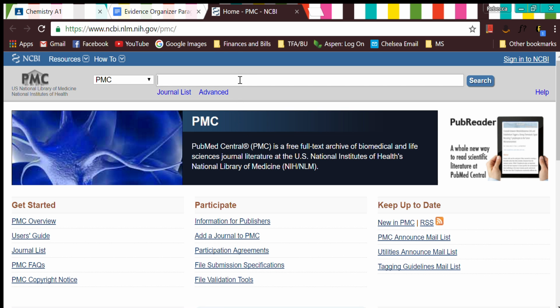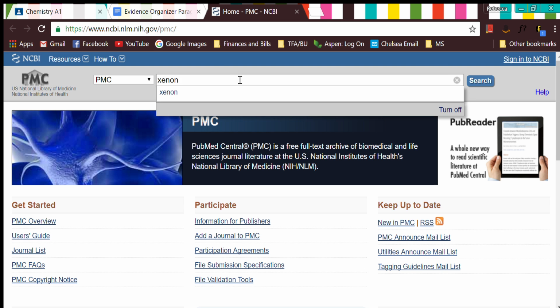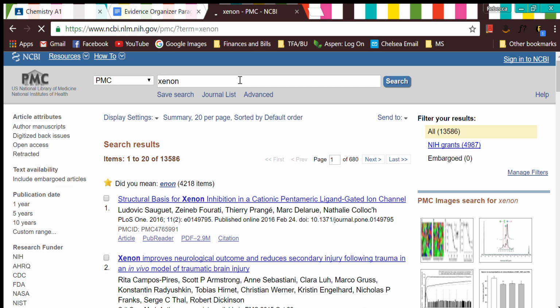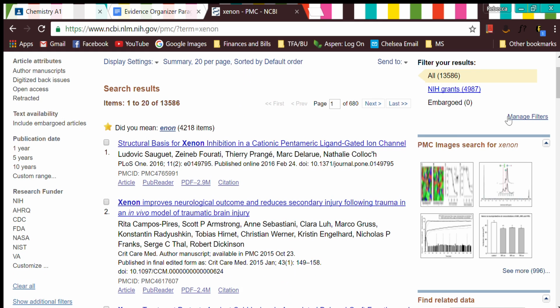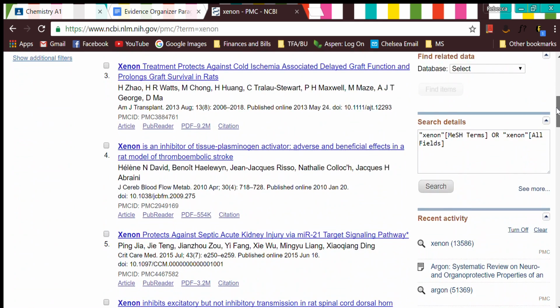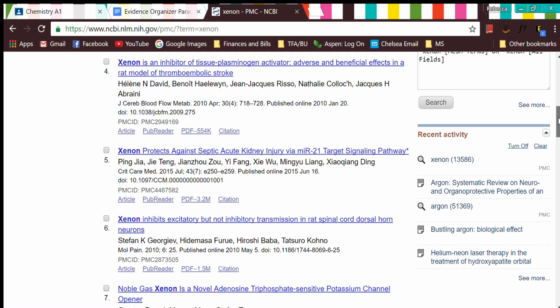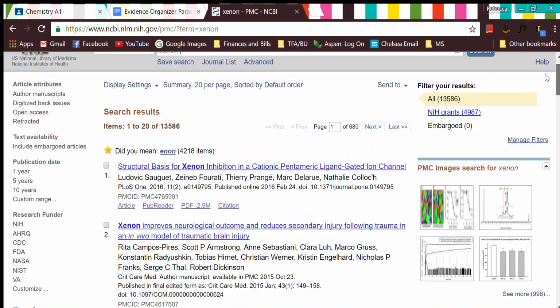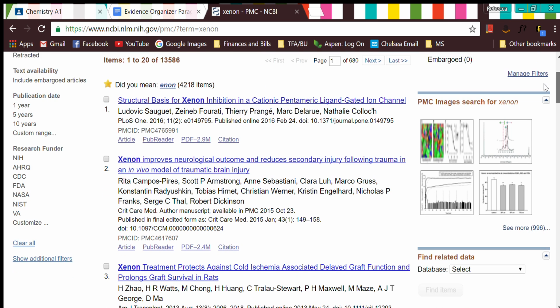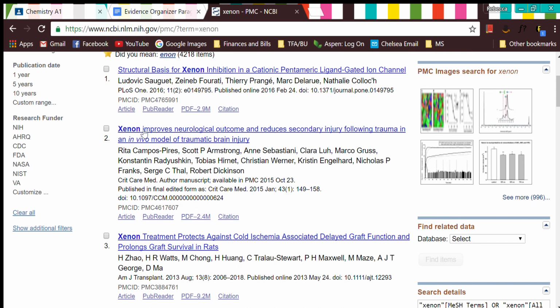In the search bar, just search your element name, xenon. These articles are very complicated, so I would look for a title that makes sense to you, like you get what it's saying. It's okay if you don't know every single word. So let's see. It improves neurological outcome, reduces injury.